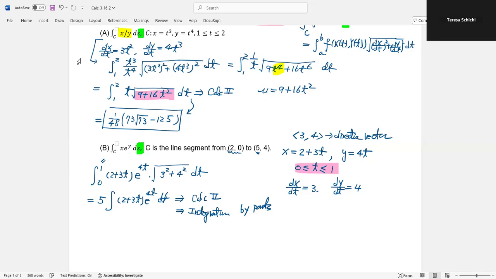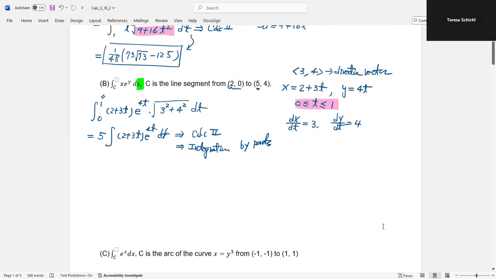Everybody still remembers in calc 2 we use the table method here.